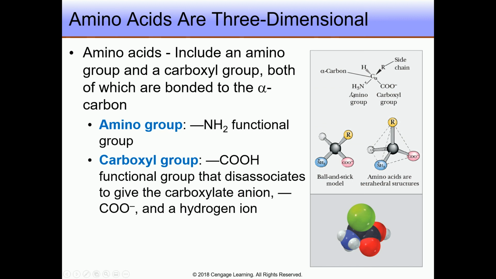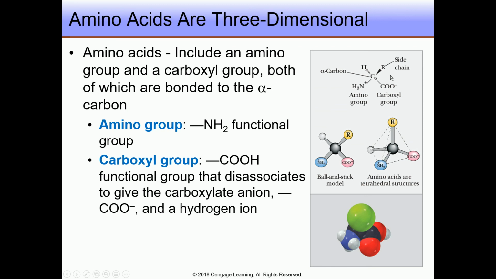Okay, sorry, so this is what I just explained. I think I didn't tell you this point: every amino acid can exist in the form of two stereoisomers.